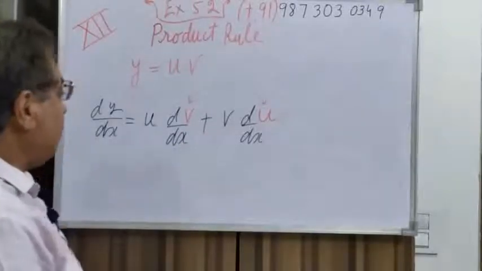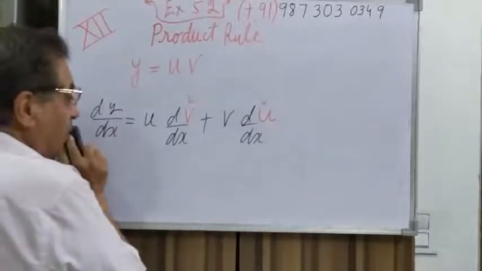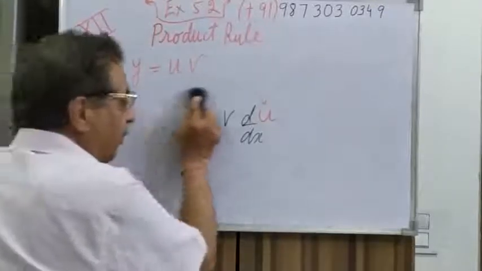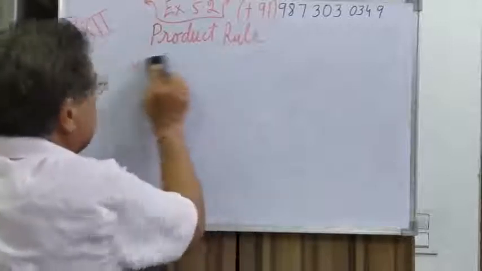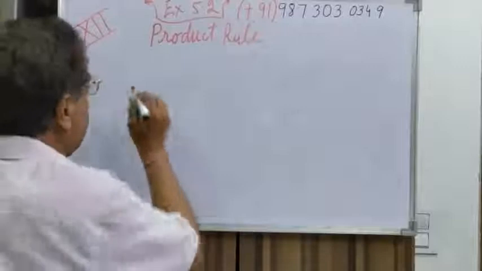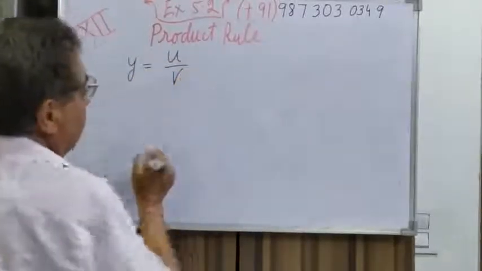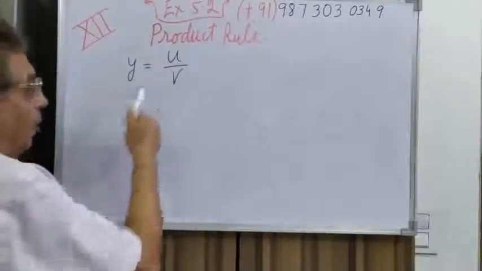Now after knowing the product rule, let us go for the quotient rule. What is the quotient rule of differentiation? In case instead of the product of two functions, we have been given two functions in division, u upon v.